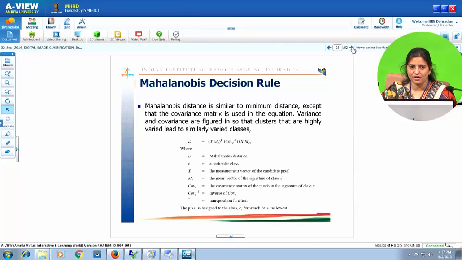The formula for calculating distance for the Mahalanobis decision rule is D is equal to x minus mc, transpose, times the inverse of covariance, times x minus mc. X is the measurement vector of the pixel, mc is the mean vector of the signature of class C.